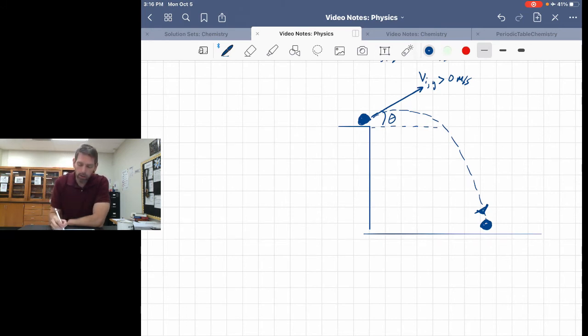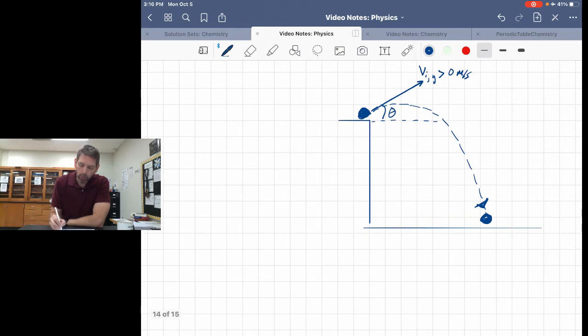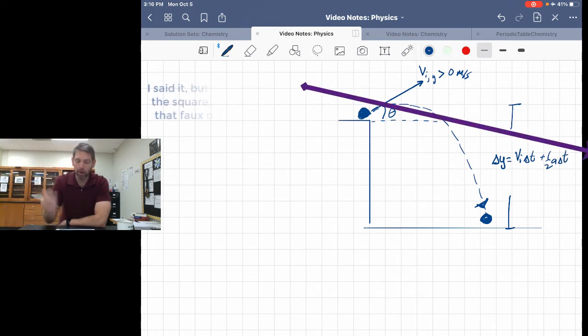So you can see here that there's going to be a change in y. Now, we already knew that delta y equals the initial velocity times delta t plus 1/2 a delta t squared. So this holds true already, but now we have to account for the angle.